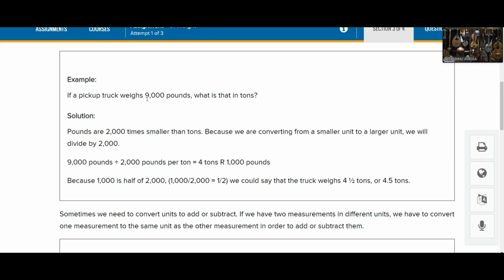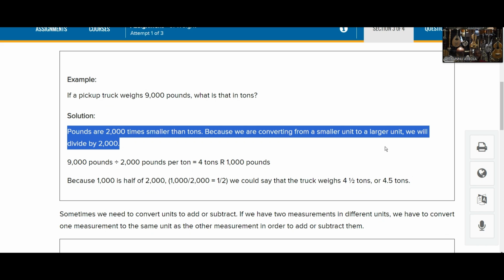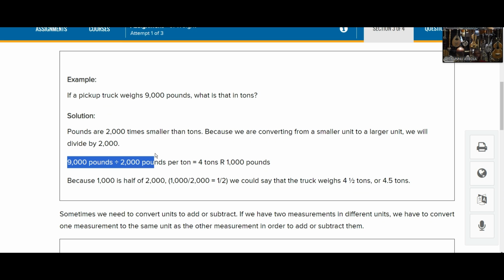If a pickup truck weighs 9,000 pounds, what is that in tons? Pounds are 2,000 times smaller than tons. That is, tons are 2,000 times bigger than pounds. So because we are converting from a smaller to a larger unit, we will divide by 2,000. So that is 9,000 divided by 2,000 pounds, which is a ton.